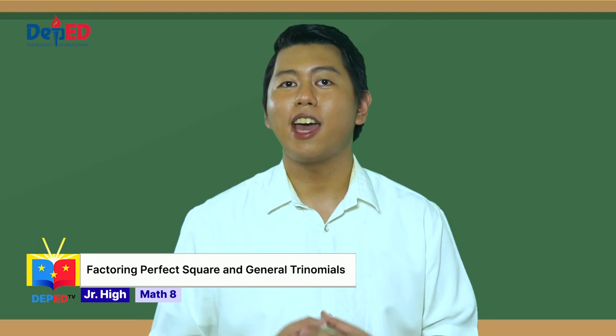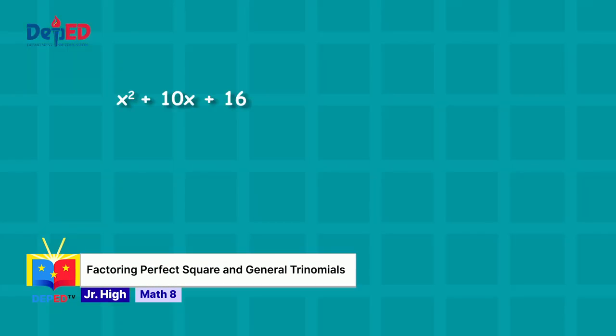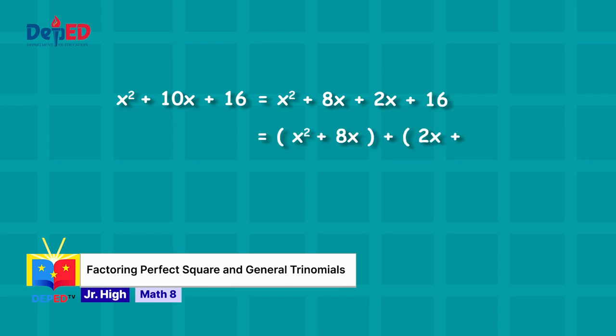We can now rewrite the polynomial starting with the leading term, x squared, then the acquired factors, plus 8x, plus 2x, since it is equal to 10x, and the last term, plus 16. Then we will group them in pairs and get the common factor in each.